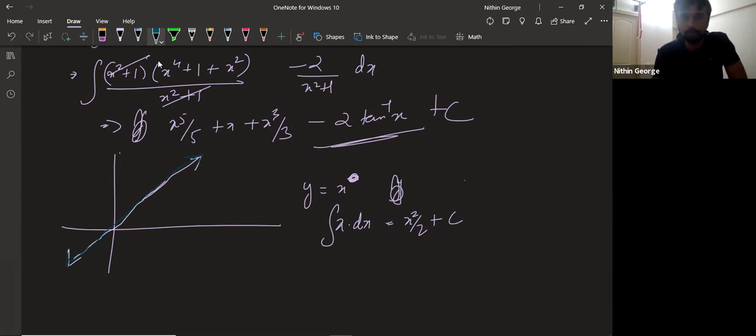Now, this function into dx, what does that mean? So you take one small part dx here. It should be very tiny, like a line. When you multiply that by this value, what are we finding?